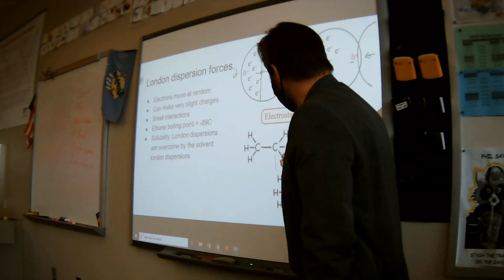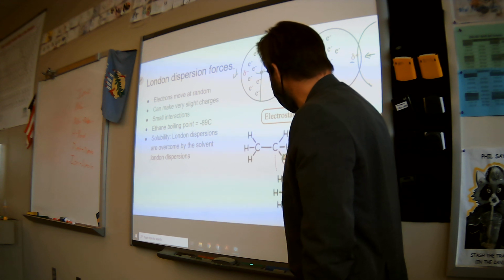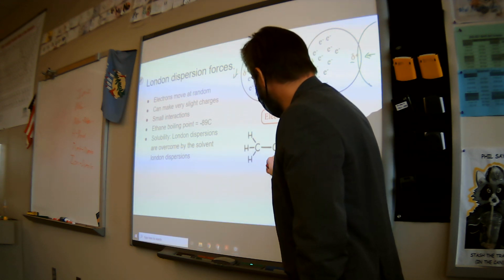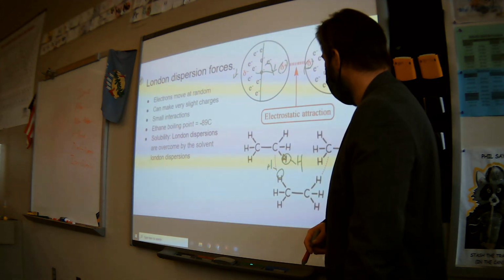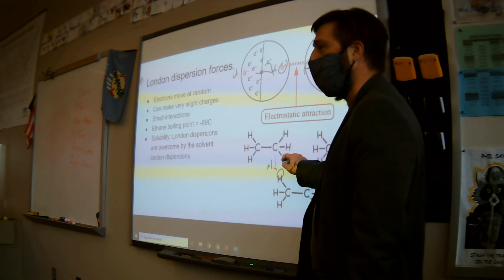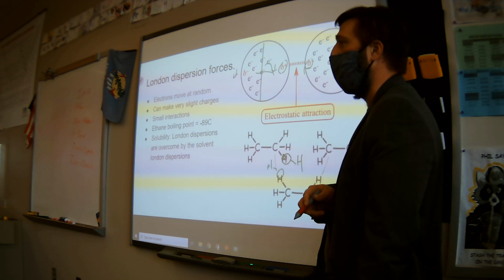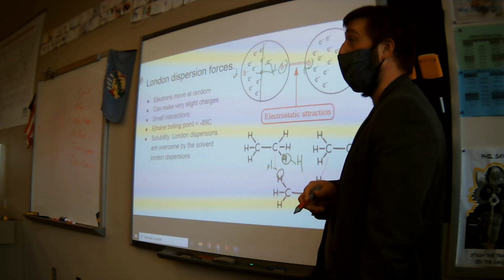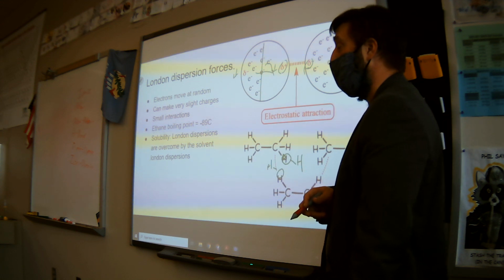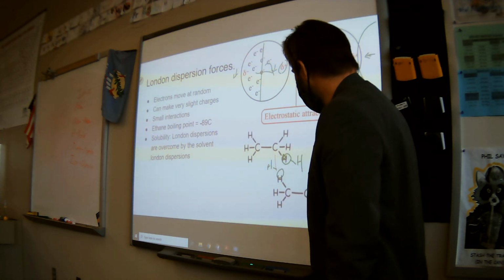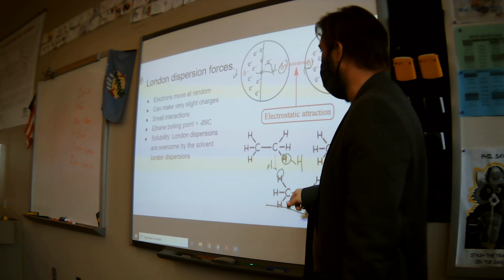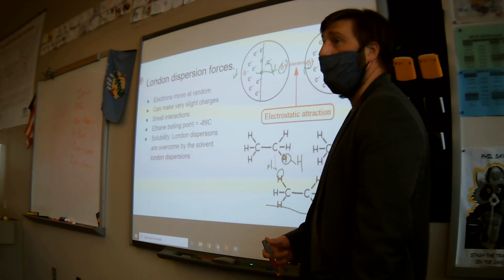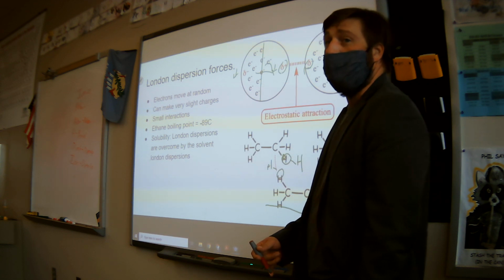So what's going to happen if, instead of this hydrogen, I put in an OH? Now what kind of forces can we have? Hydrogen bonding, right? So what I drew right here is no longer ethane, it's now ethanol, or alcohol.